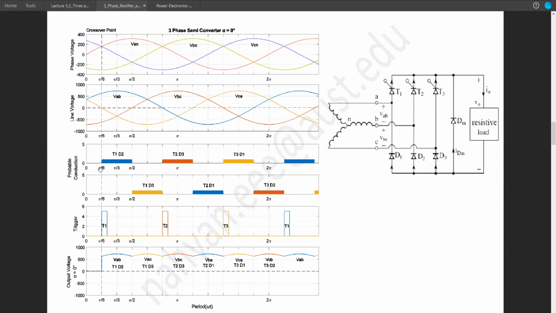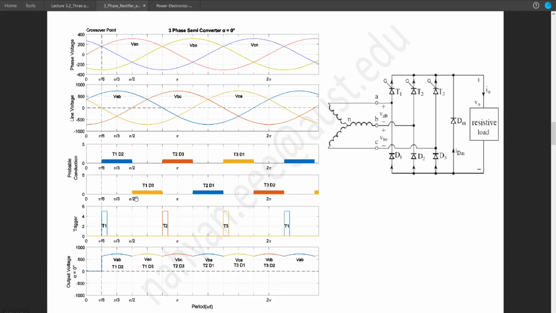In this conduction period, we will get a waveform similar to VAB. This portion of VAB will be copied directly to the output waveform.